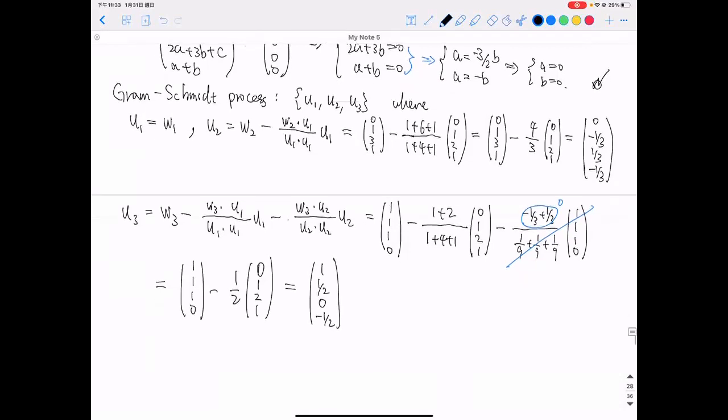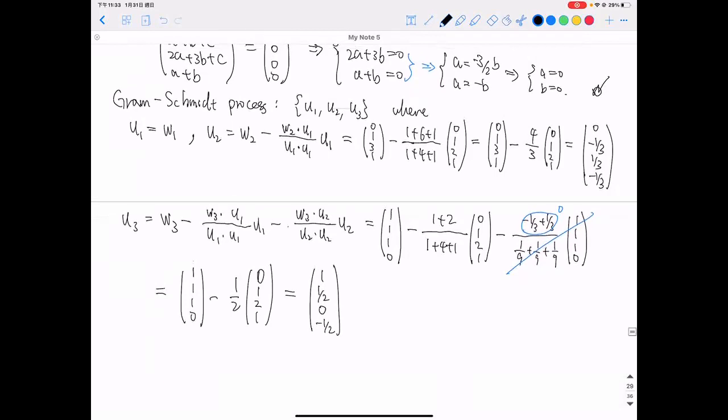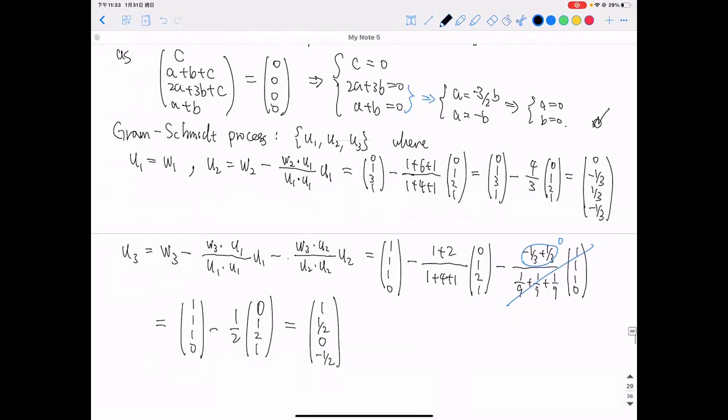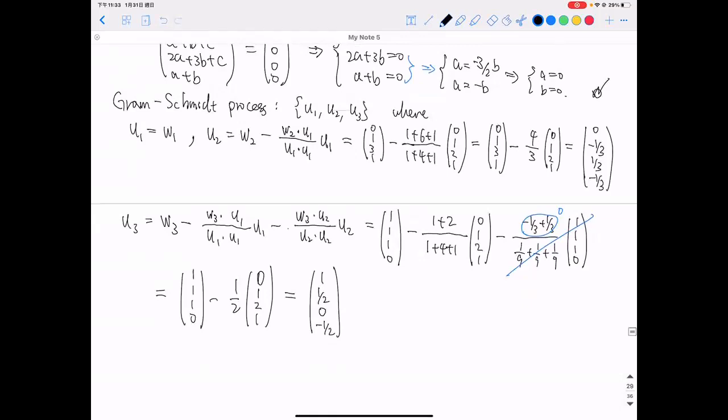So now we get the 3 vectors computed, and you can check easily by hand that these 3 vectors are indeed pairwise orthogonal. So we get an orthogonal basis. Very good.